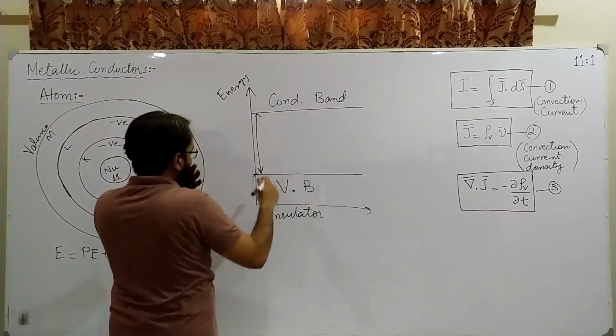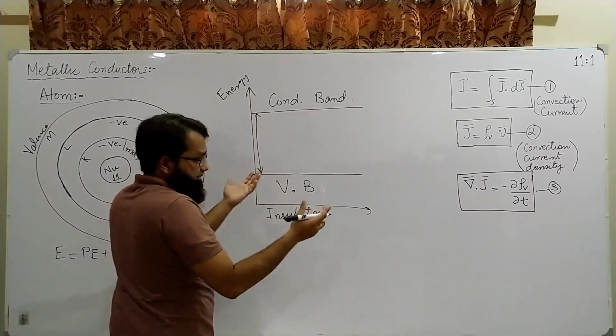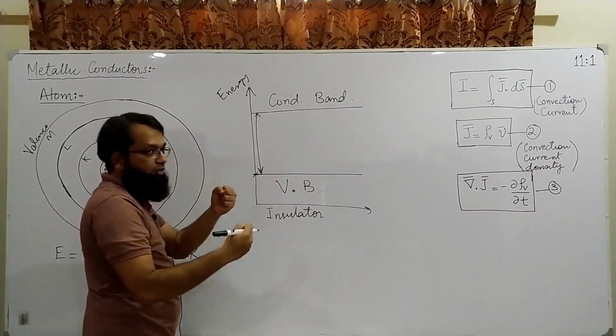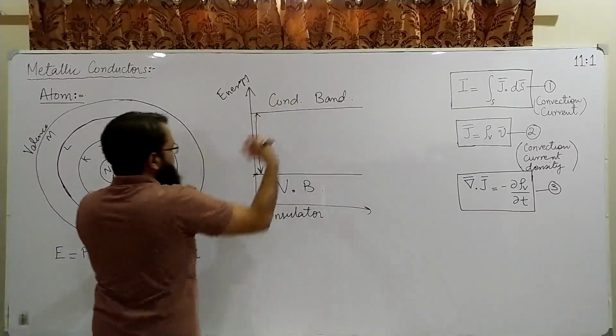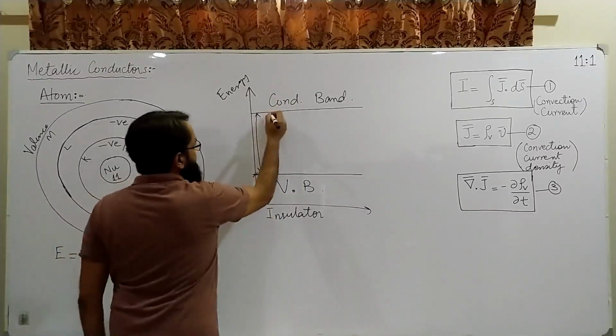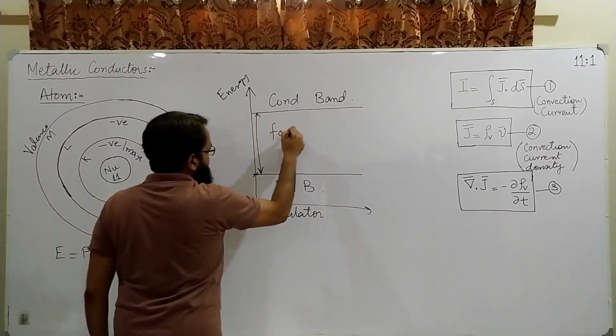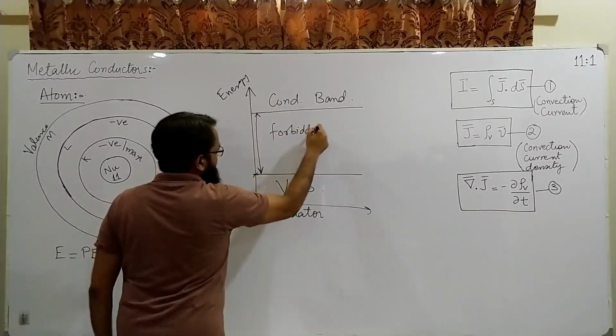This region, by the way, in which electron cannot exist, because it must absorb quanta of energy, a discrete amount of energy, to jump between the bands, is known as the forbidden region.